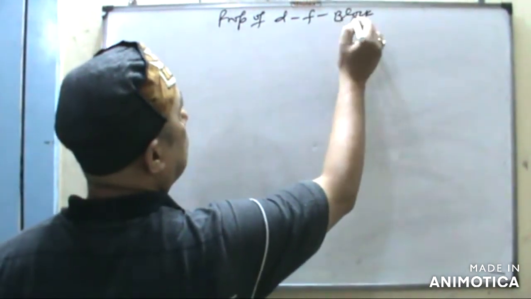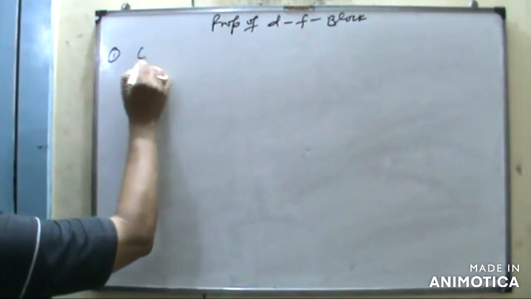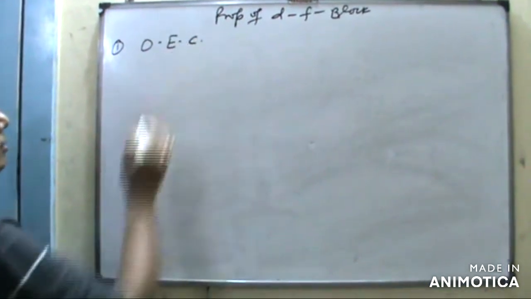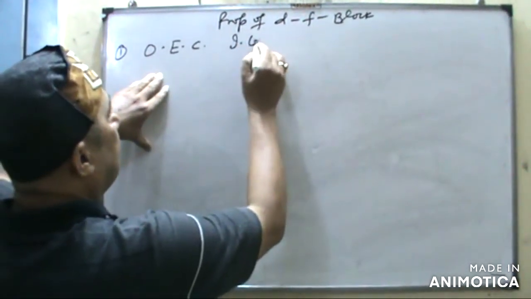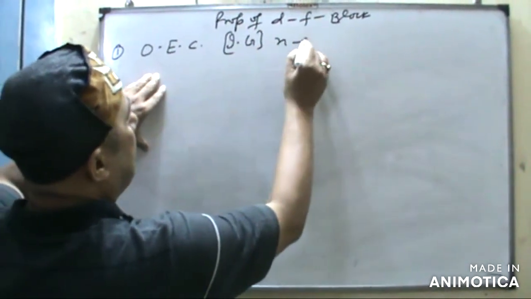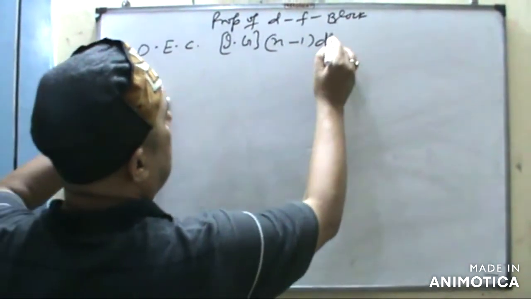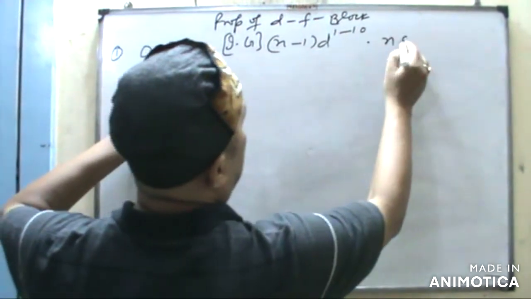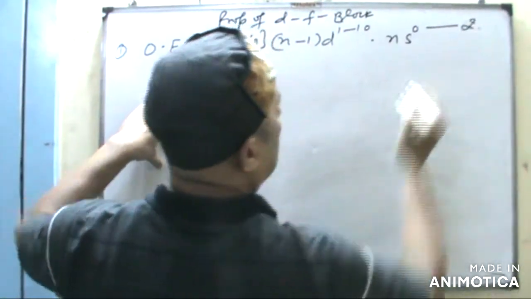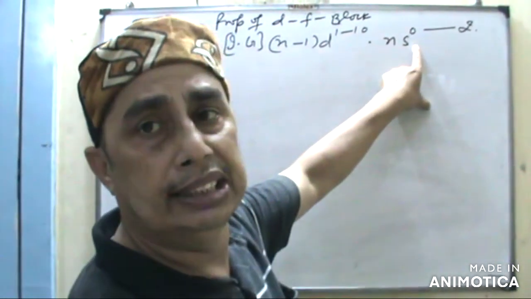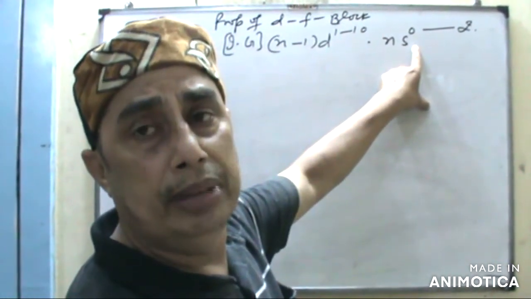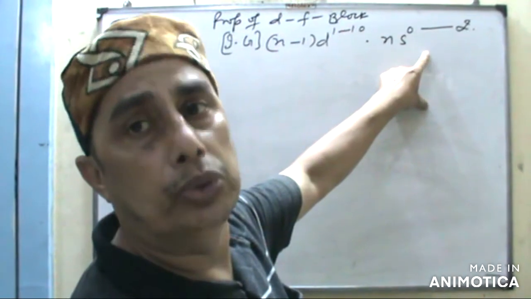Now the important properties of D and F block elements. First we take the very important outer electronic configuration. You remember, first you write the inert gas, then (n-1)d 1 to 10 ns 0 to 2. In most cases s is 2, but in exceptional cases it may be 0, 1 or 2.